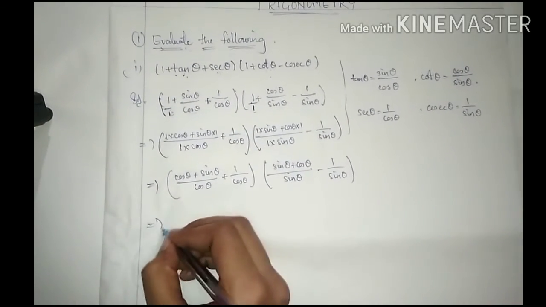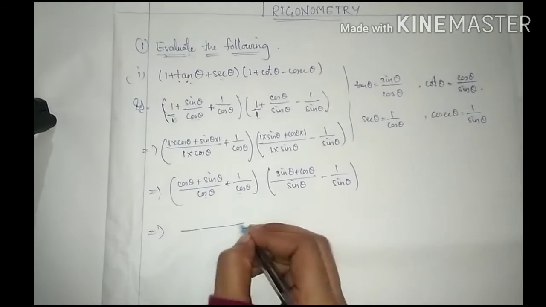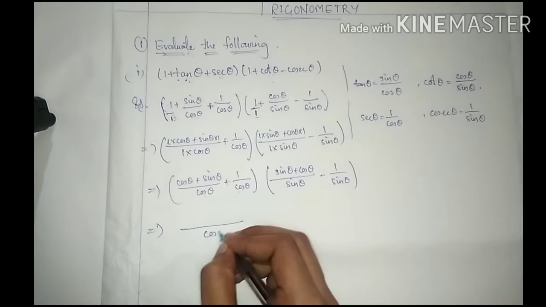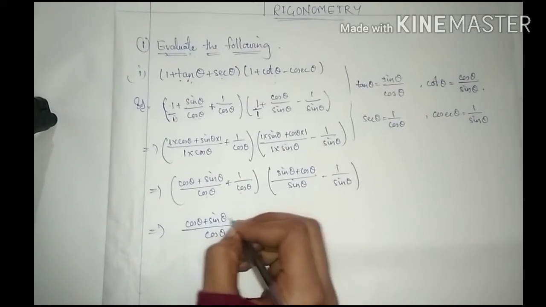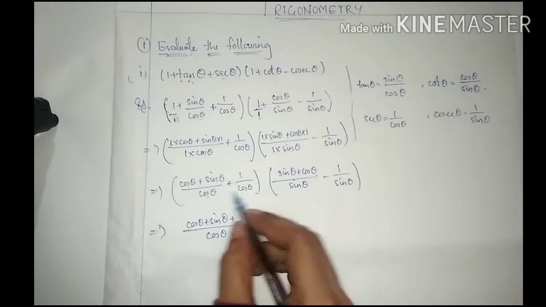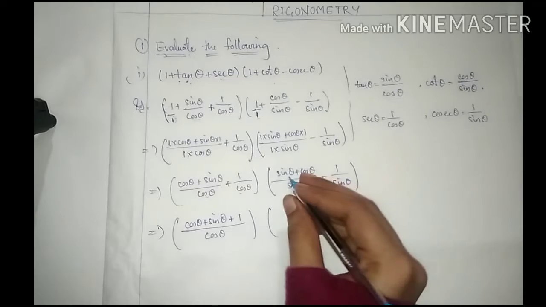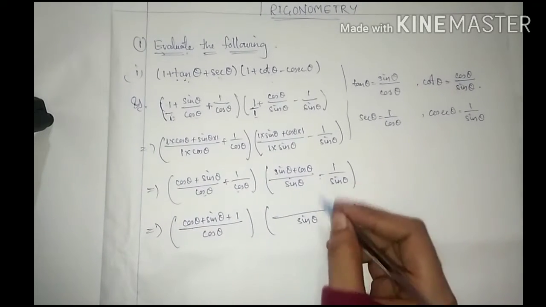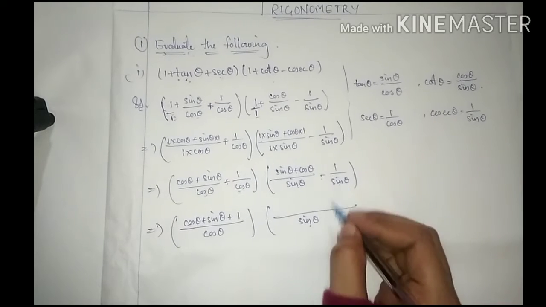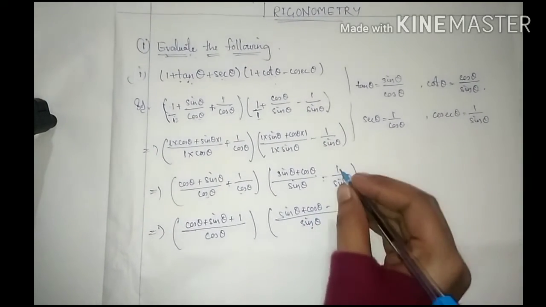Now here are the same denominators, so we can take it common, plus is in between: cos theta plus sin theta plus 1. Same denominators, no need to take LCM or do cross multiplication. Here minus is there, same denominators, we are taking common sin theta, then sin theta plus cos theta minus 1.